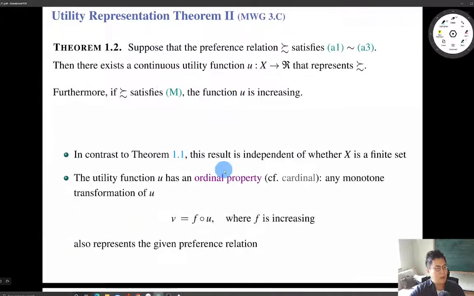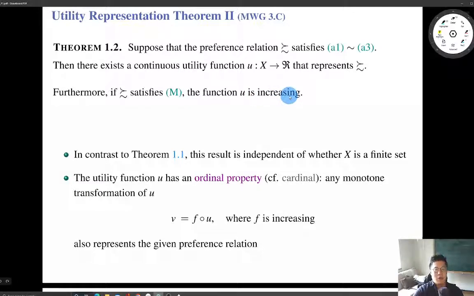Now we have the main theorem in this video, the utility representation theorem. The previous desirability assumptions are not necessary for existence. Under the two main assumptions, rationality and continuity, we have a utility function. But if we assume monotonicity, then the utility function representing the preference relation is increasing.